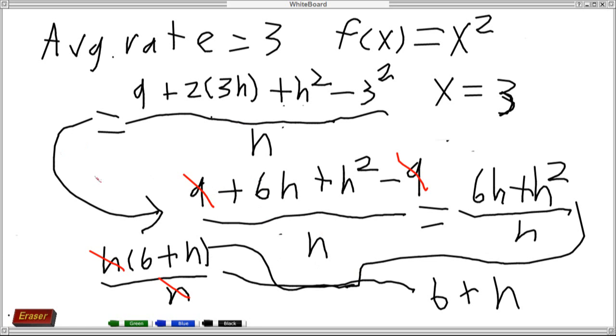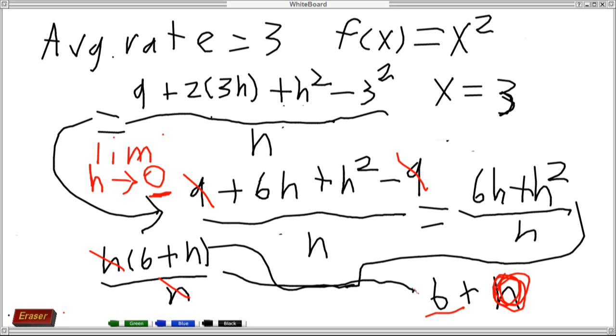Remember our formula, where the limit as h approaches 0, so this h right here is 0, which means our result is 6.